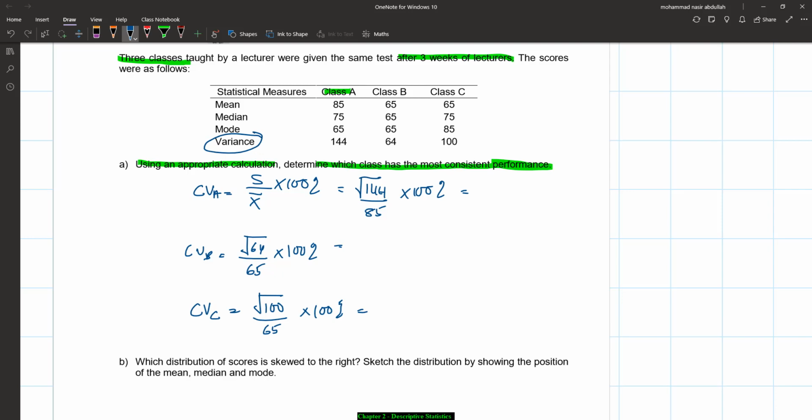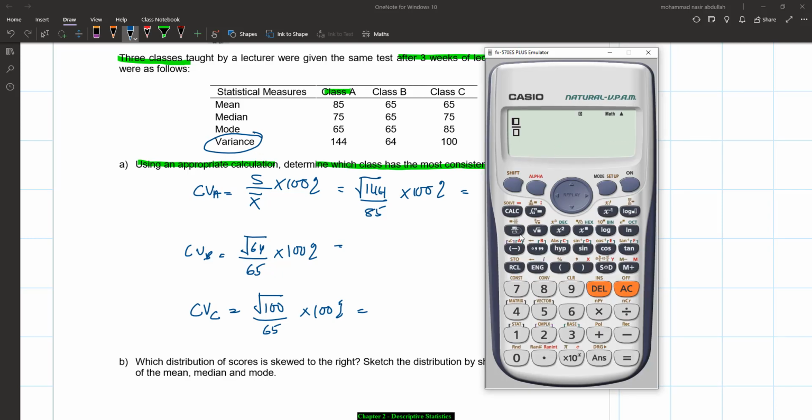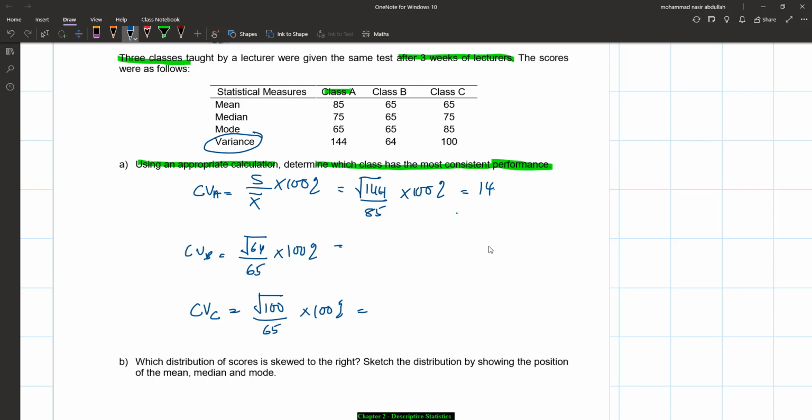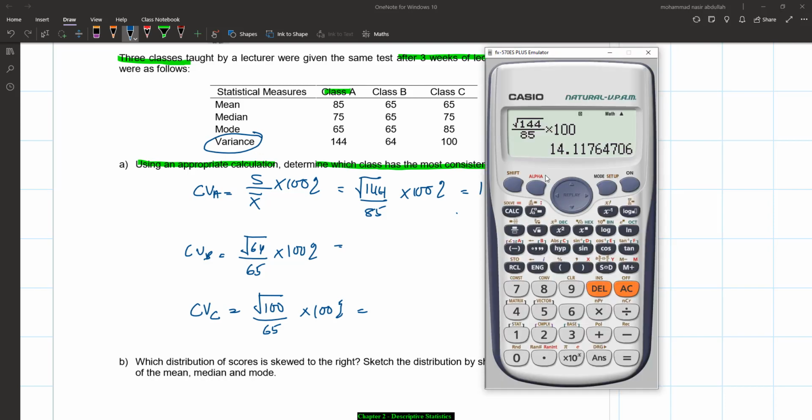So can you calculate this one? Square root of 144 divided by 85 multiplied with 100. So it should be equal to 14.12%. And for the second one, this is 65 and this is 64.